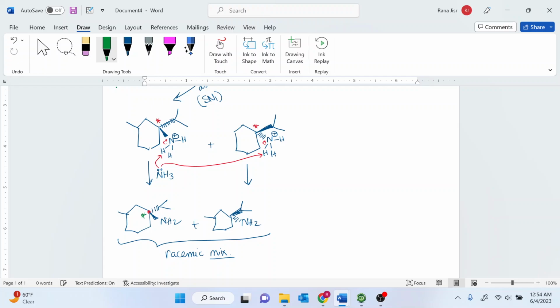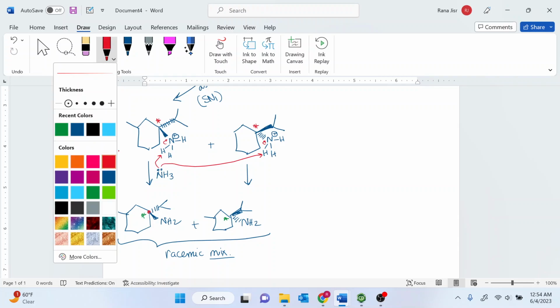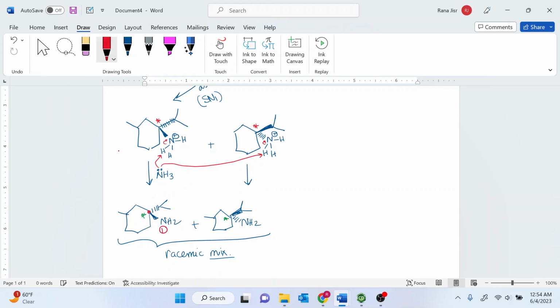We have here two chiral centers, so if we want to figure out the configuration of each, this is going to be priority 1, this is going to be priority 2, priority 3, and priority 4. So you can go ahead and switch the 2 with the 4.